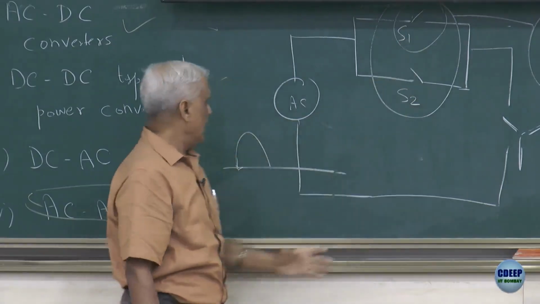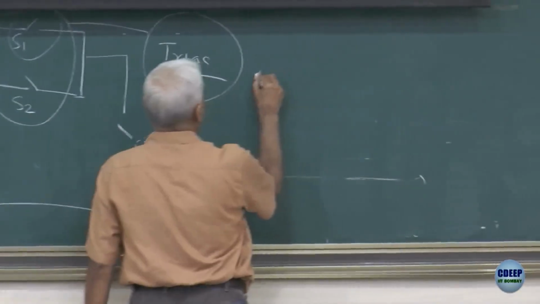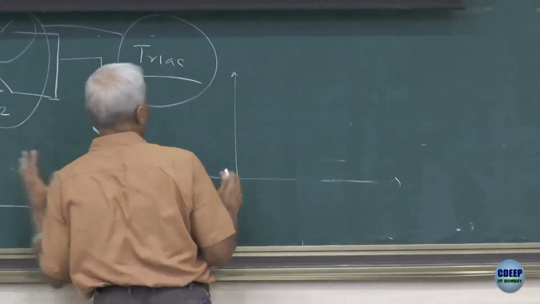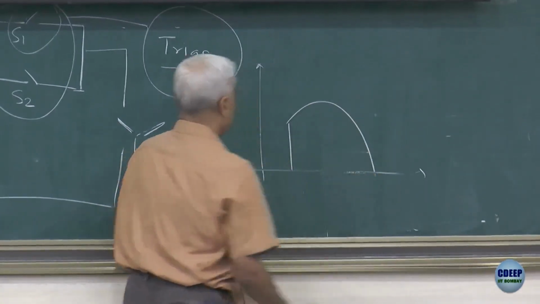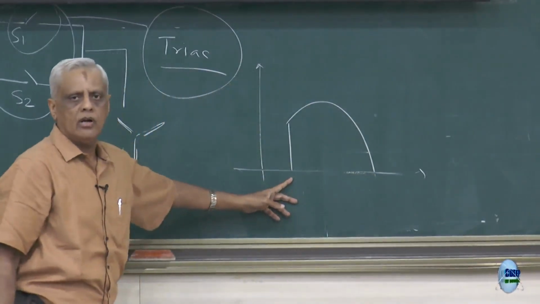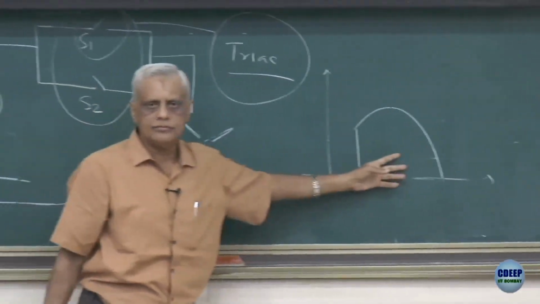So basically it will pick up after some time. So let's say you have delayed giving that pulse from that 0 point. If you have given it at this point, the output that will appear here will be something like this.